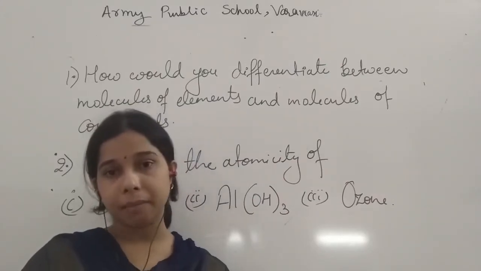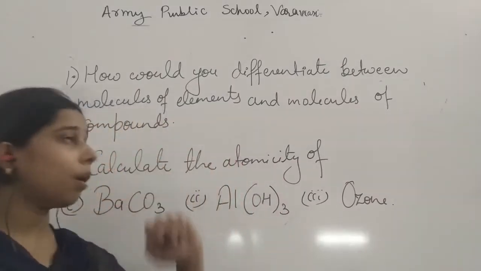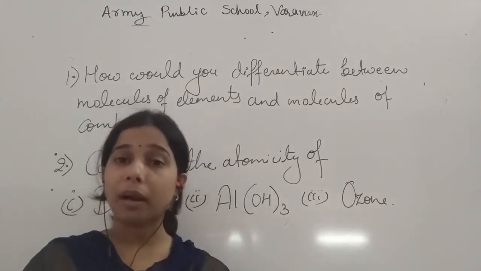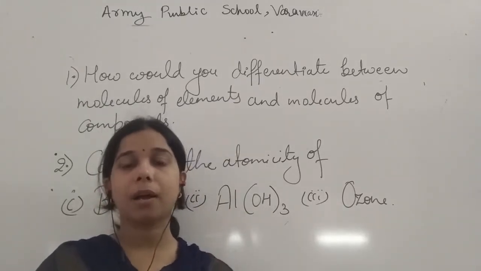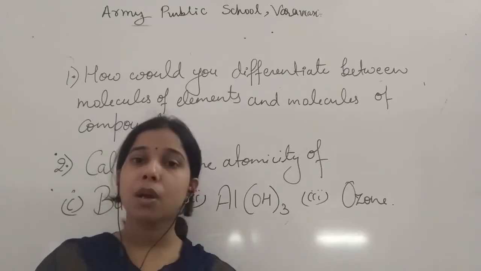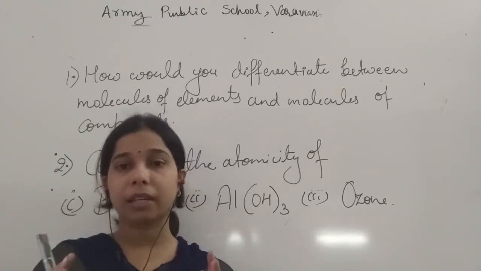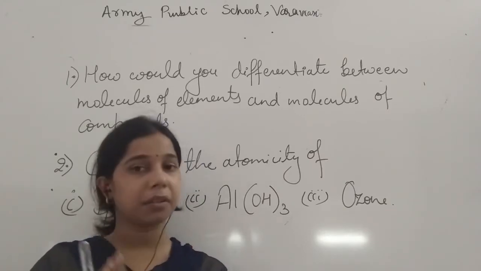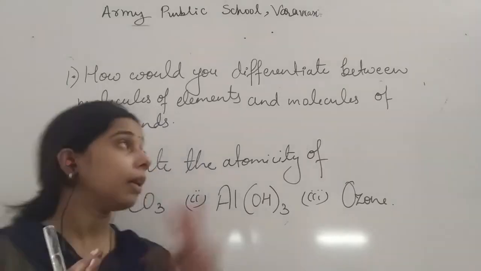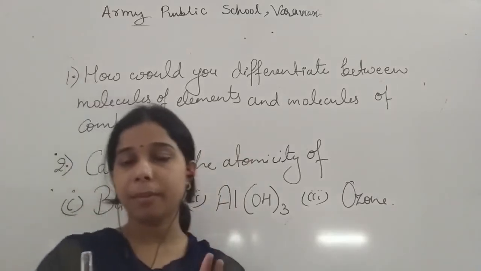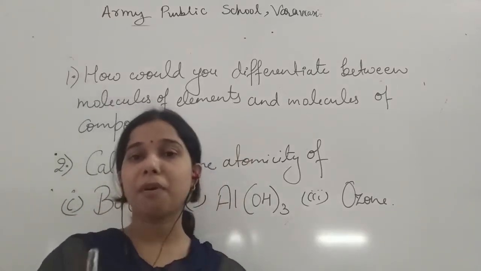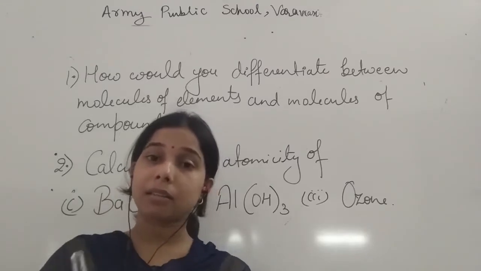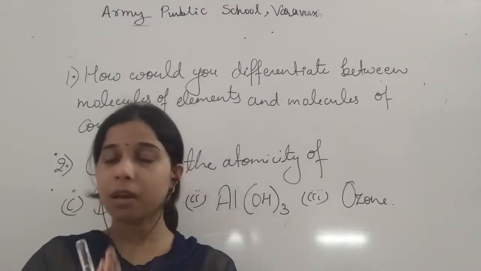We can say that a molecule of an element is one in which only one type of atom is present. When different atoms combine together they form a molecule, but in the case of a molecule of an element, the same type of atoms combine together to form the molecule, which is a homoatomic molecule.